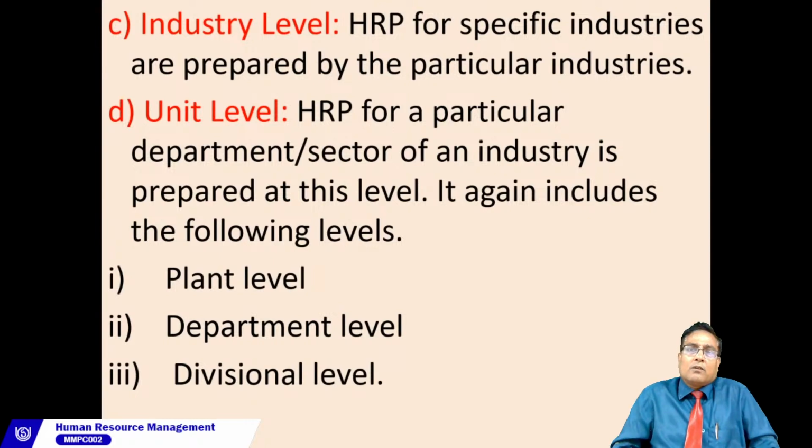Industry level planning is also a level. Industry level HRP for specific industries is prepared by the particular industries. Then unit level planning: HRP for a particular department or sector of an industry is prepared at this level. It again includes the following levels: plant level planning, department level planning, and divisional level planning.